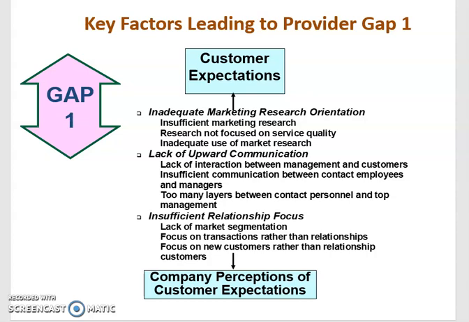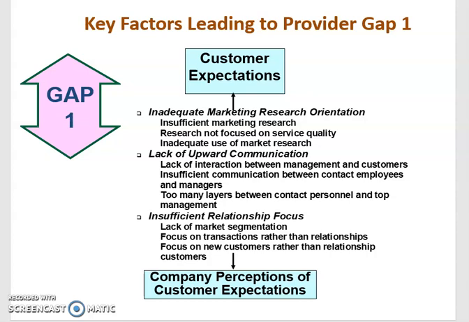Coming to the first one, that is inadequate marketing research orientation, that is the first sub-factor, followed by lack of upward communication, then insufficient relationship focus. When we say there is inadequate marketing research orientation, it tells us that the outcome of the marketing research was insufficient for understanding what a customer expects.